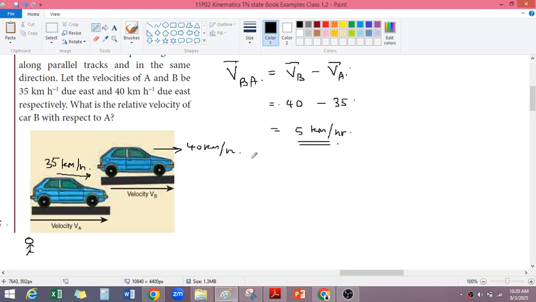In this problem, they have not asked about the relative velocity of A with respect to B. But if they had asked, then you would do velocity of A with respect to B is velocity of A minus velocity of B. Velocity of A is 35, velocity of B is 40, then 35 minus 40 will be minus 5 km per hour.